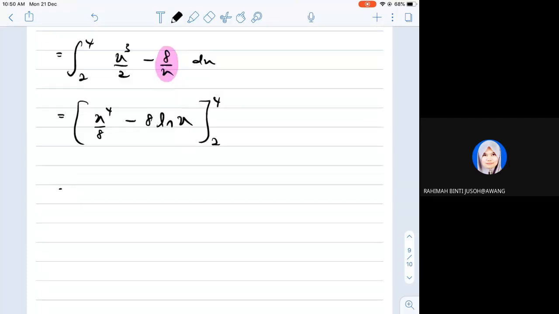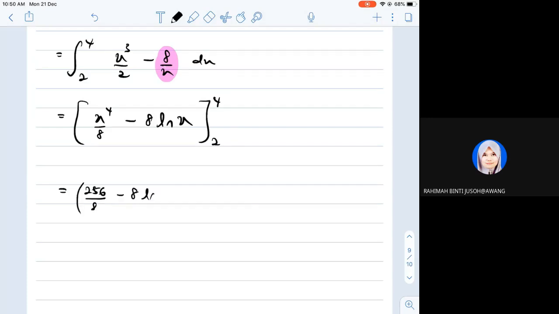Let us proceed. 4 to the power of 4. So 4 to the power of 4 is 256, isn't it? 256 over 8, so 32 after simplifying.